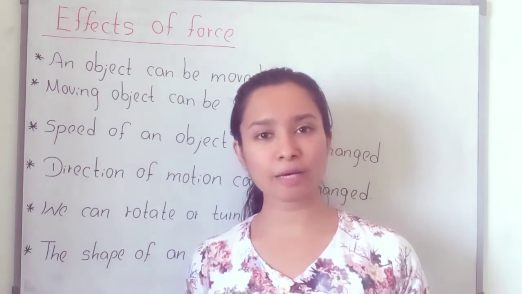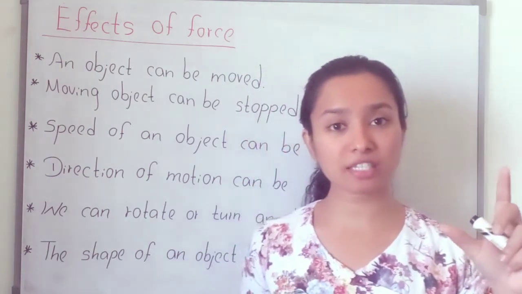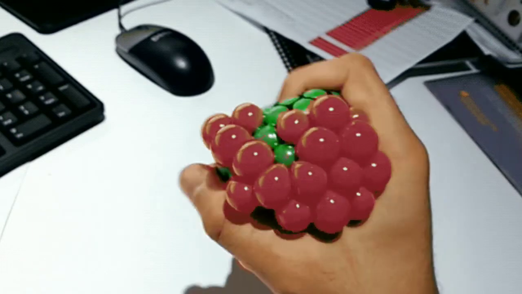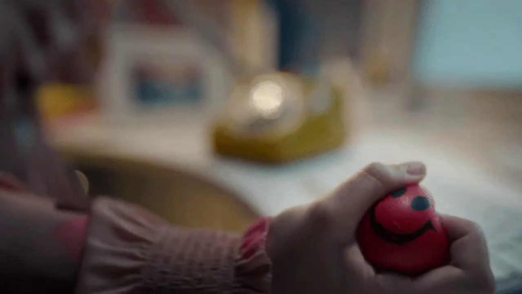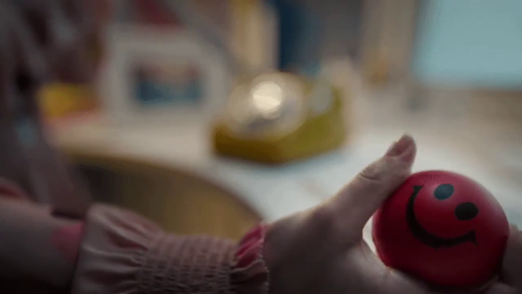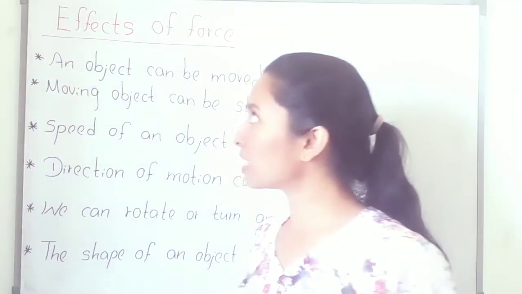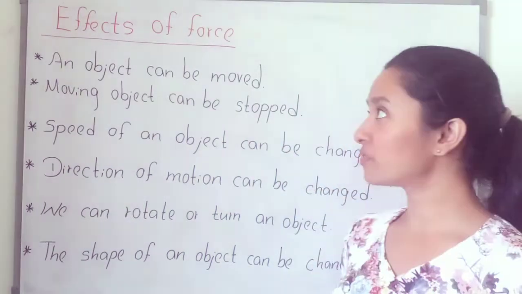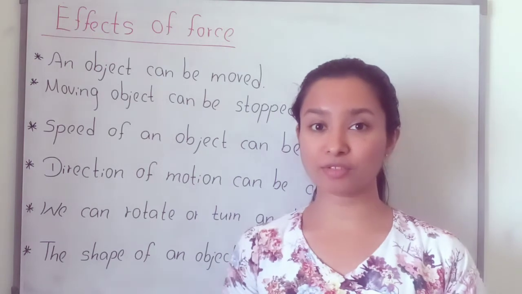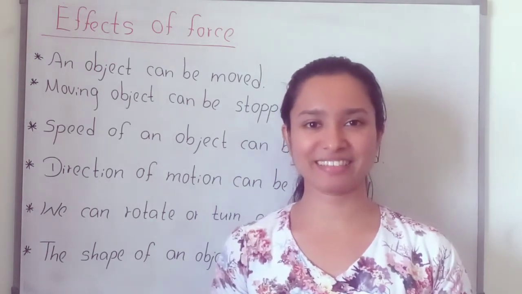And also there are some plastic toys, some plastic balls. We can apply some force to these plastic balls and change their shape. So now you can realize these are the uses and effects of force. You have to remember these things.